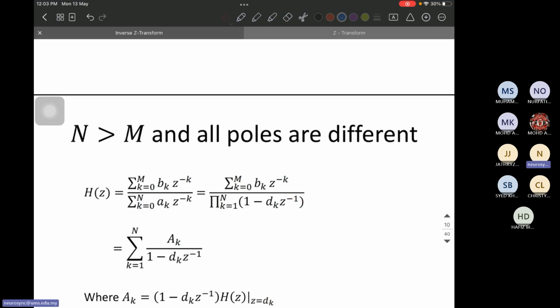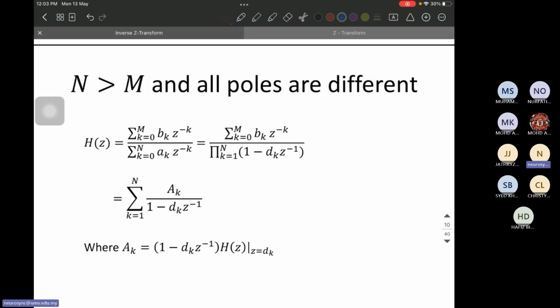So what we are doing here is the partial fraction expansion method, and we are looking at case number 1. Here a k is a constant. Now how to find a k?